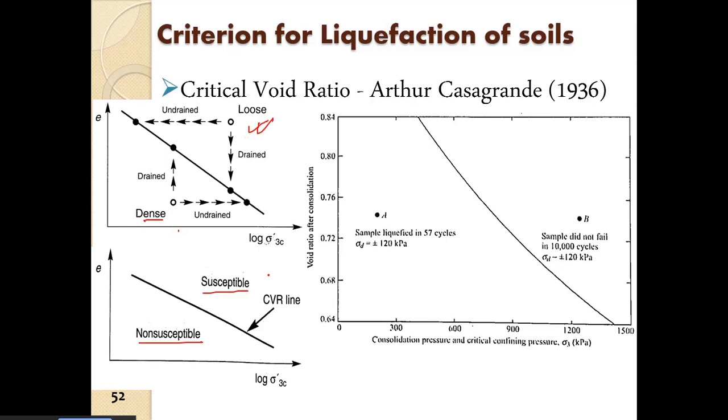But further tests were done, and it was seen that this is not always the case. So here we have one sample which is actually in the dense state, and according to Casagrande 1936, it was non-susceptible.